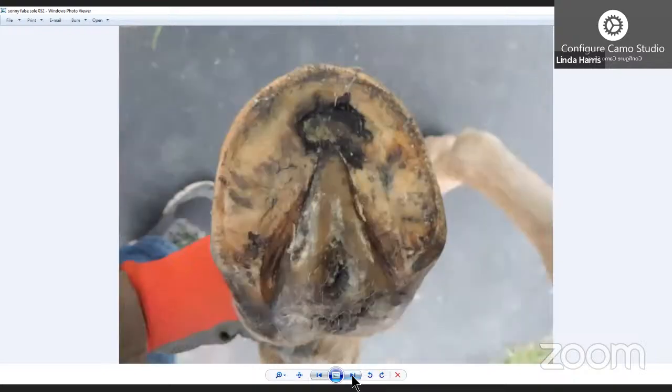Okay, this is the other foot. You see how thin that was. I had to find out how much of this sole is actually detached.